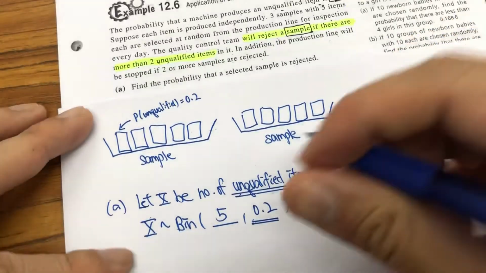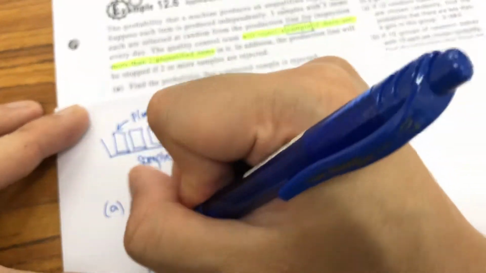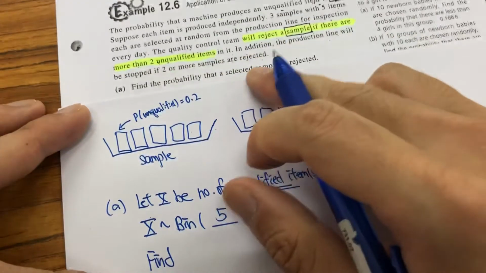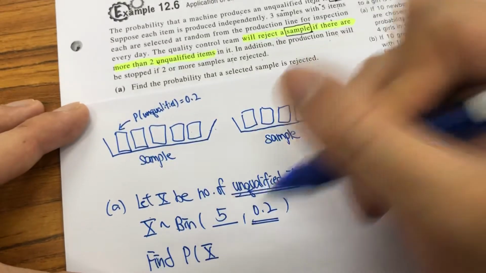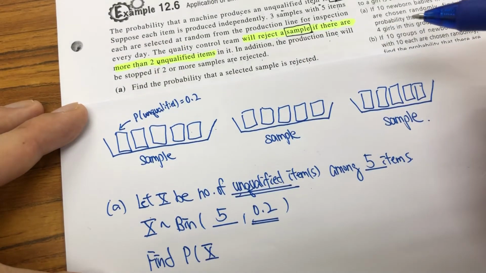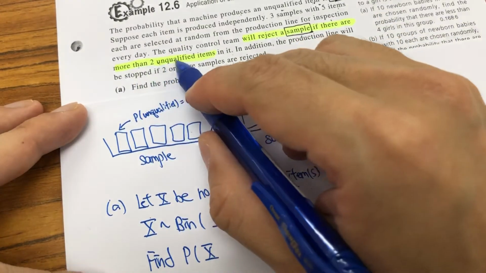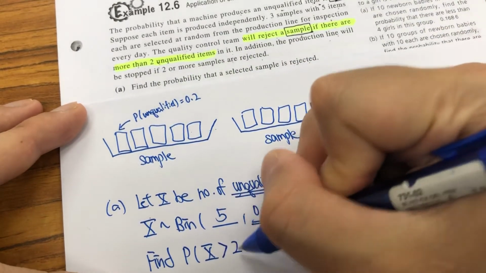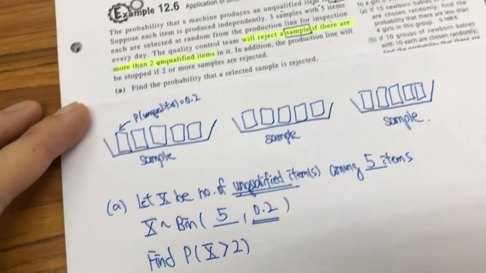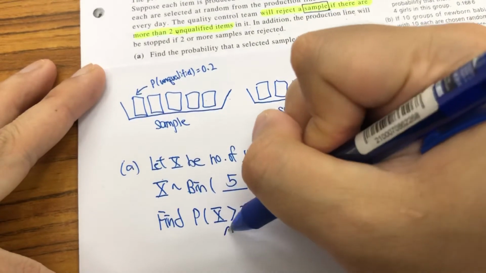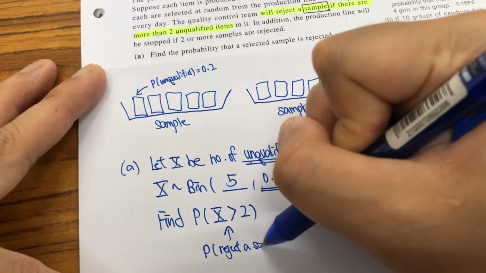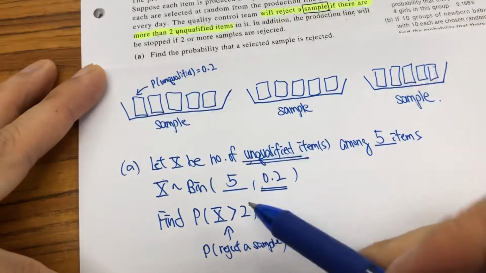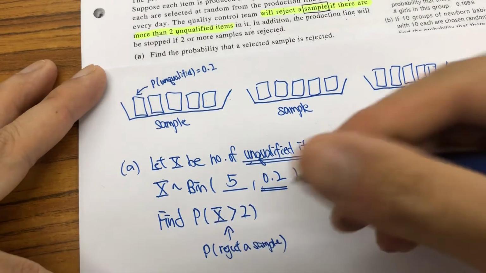Okay? So we have to find the probability that the sample is rejected. We have to find that X. When do we reject it? When there are more than 2 unqualified items. So this is the probability of rejecting a sample, meaning when there are more than 2 unqualified items.